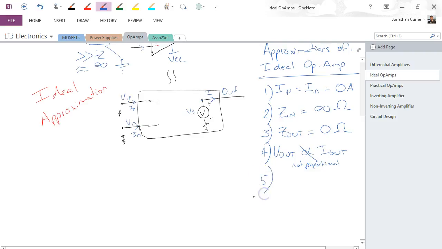5. This device here should operate independent of applied frequency.